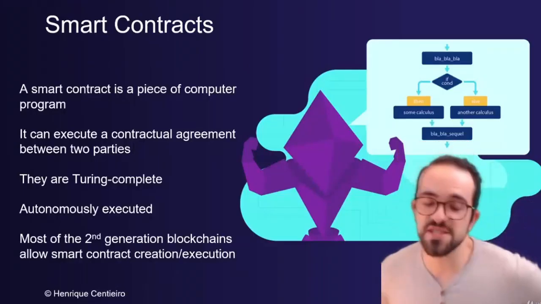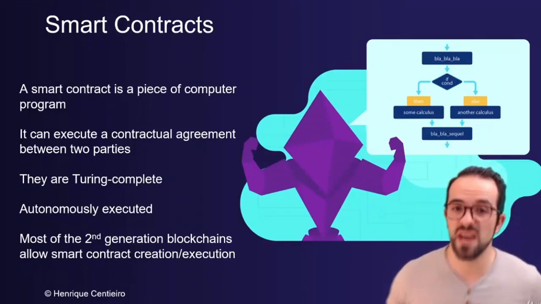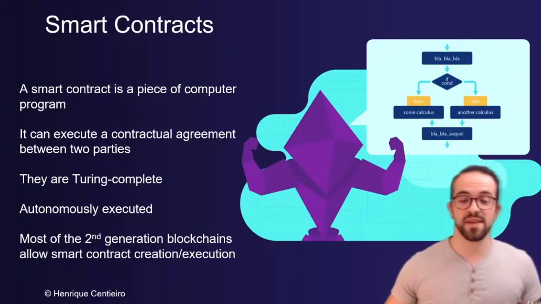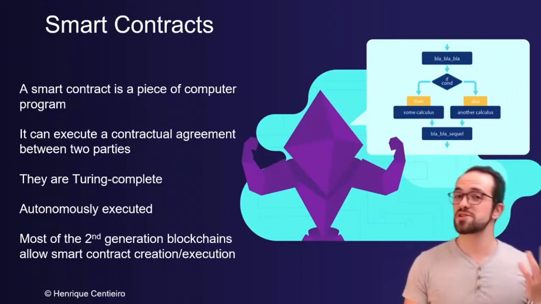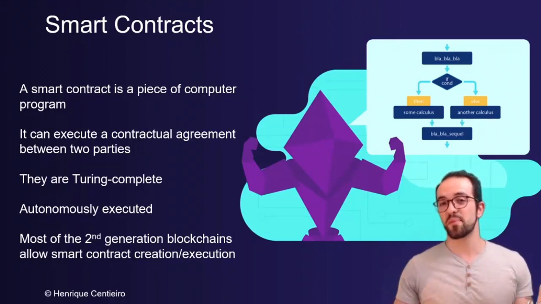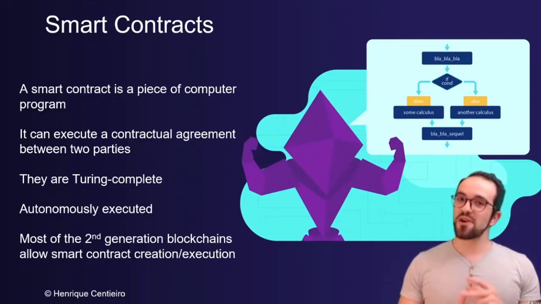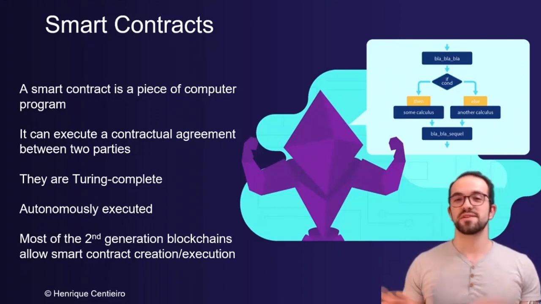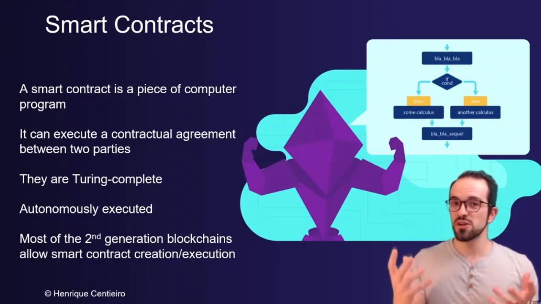Okay, very good. Let's talk about smart contracts and why smart contracts are important in the NFT world. They are quite important, you will see. A smart contract is basically a piece of computer program that can execute a contractual agreement between two parties. And an NFT is a contractual agreement, right? Smart contracts can execute any contractual agreement or condition or function.